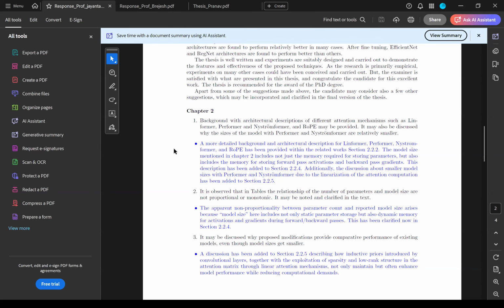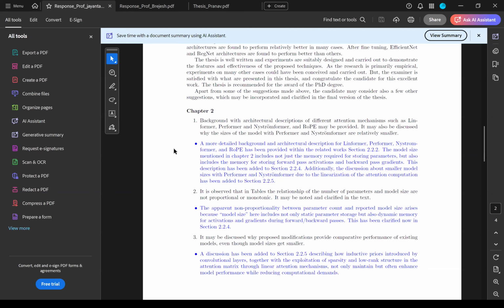That is one of the reasons why it is not monotonic, because Performer and Nystrom compute attention at much smaller dimensions. They have a projection layer which reduces the Q matrices and K matrices to a much smaller dimension. The actual feature size reduces because of these efficient matrix computations.